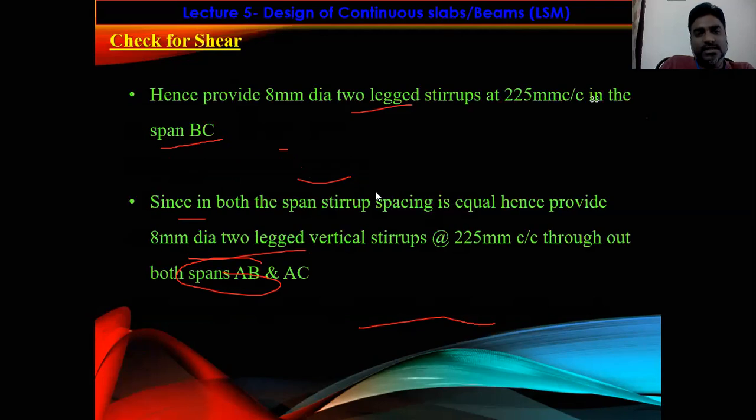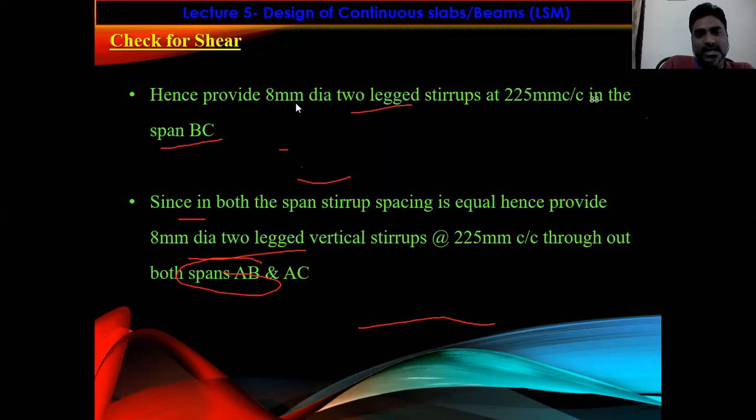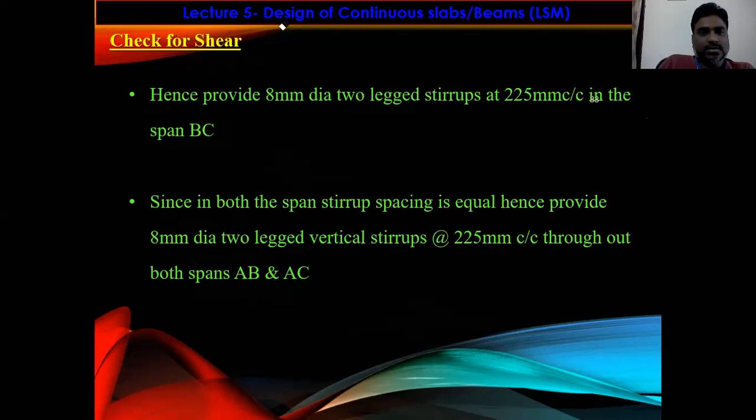So like this, you need to determine the shear forces and the shear reinforcement should be designed, right? So hence provide 8 mm diameter 2-legged stirrups at 225 mm center to center in the span.